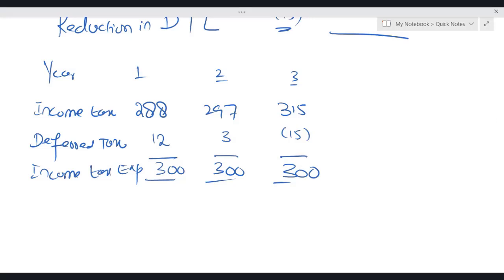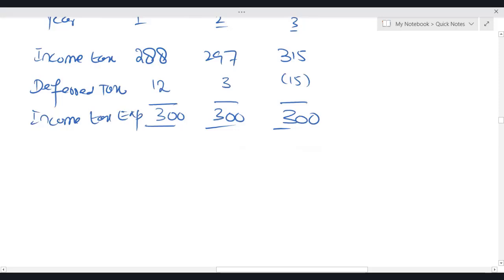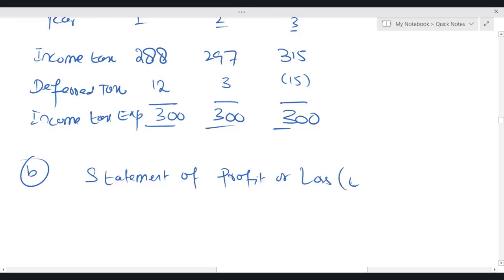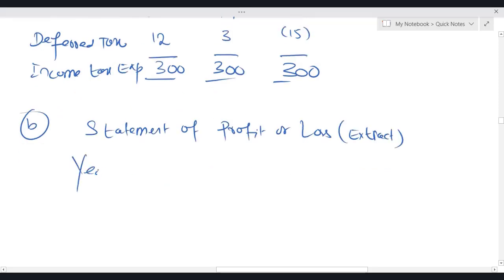Now, if I quickly prepare extracts of a statement of profit or loss in part B, years 1, 2, and 3.